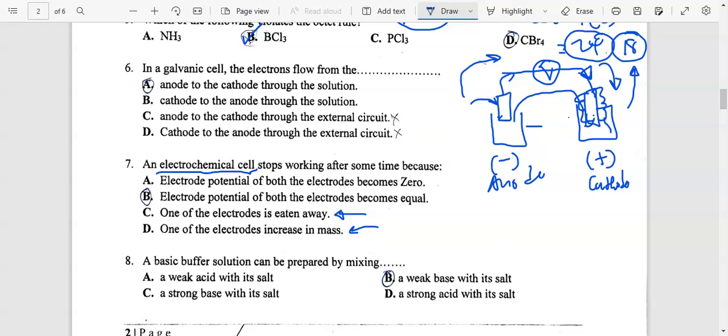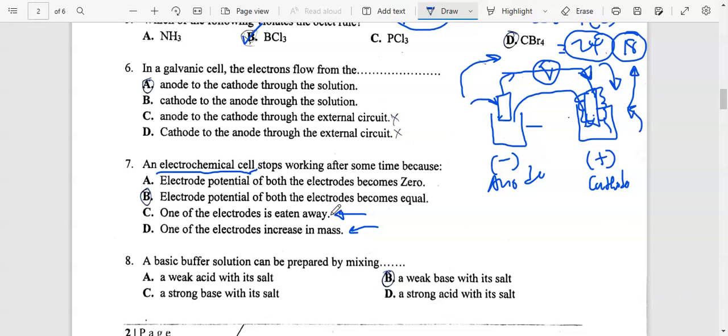A dead cell is one in which, in other words, all the electrons have moved to the other side. So the only way this cell is able to work is if electrons are reversed in that direction. When all the electrons have flowed to the other side, that cell is dead, and so it stops working. All right. So what can we say here?